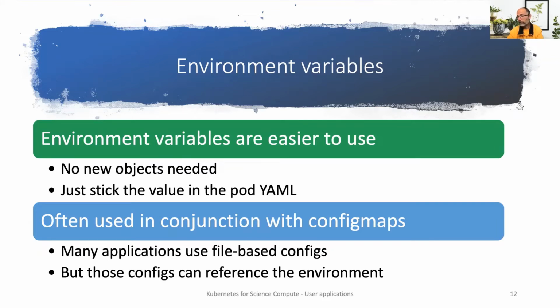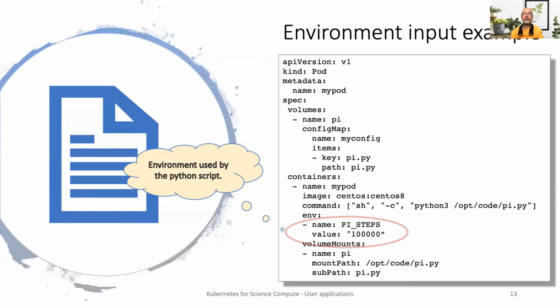And it's either in the pre-built image, or you can inject the script you want, or the config file you want to use the environment variables in, through a config map. So environment variables and config maps often go hand in hand. And here we have an example, and it's actually from the hands-on session. We inject the script, and this script then uses an environment variable to do what we want it to do.